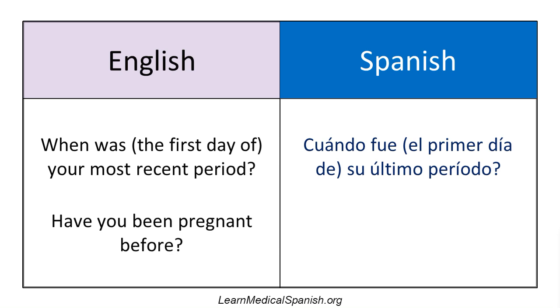So there's at least three ways to say period or menstruation, just like in English, right? You've got periodo, menstruación, regla, which is more informal. So if you said something different, you might be right.